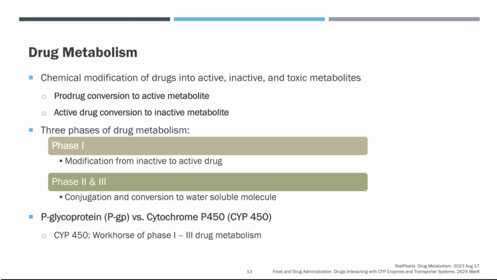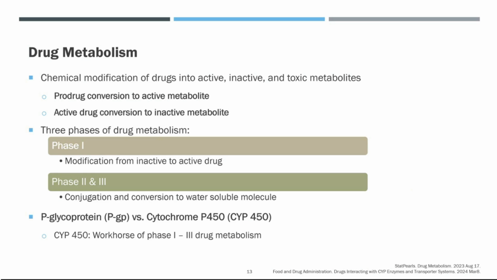And the next is drug metabolism, which is a chemical modification of drugs into active, inactive, or toxic metabolites. So medications that are considered a prodrug will be converted to an active metabolite through metabolism, versus the ones that are already in an active form will go to an inactive metabolite and get ready for systemic elimination.